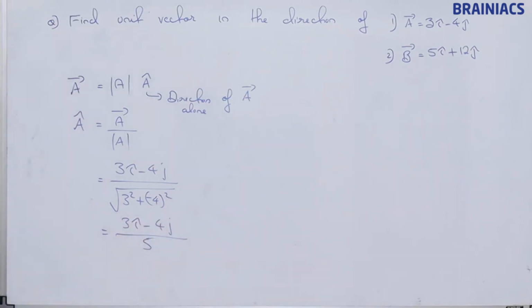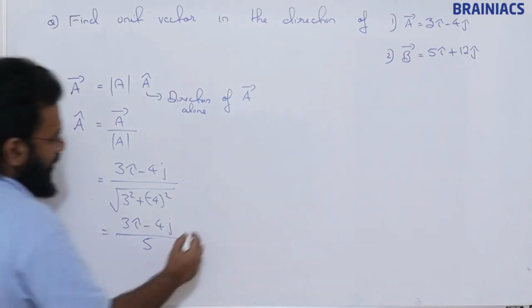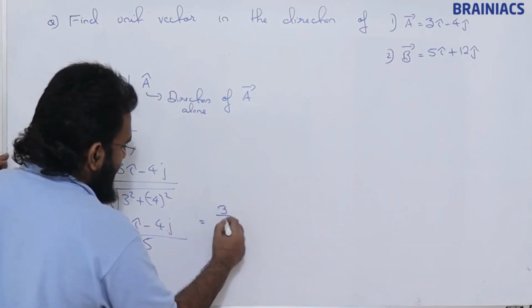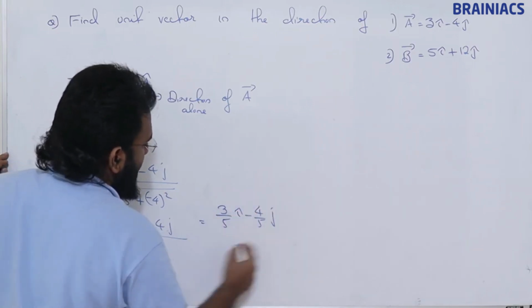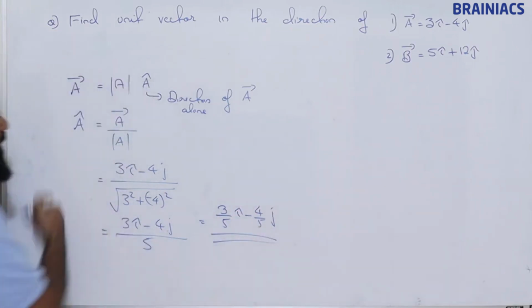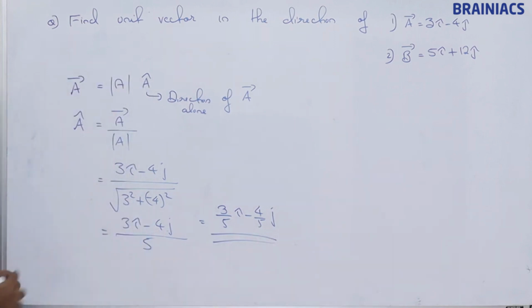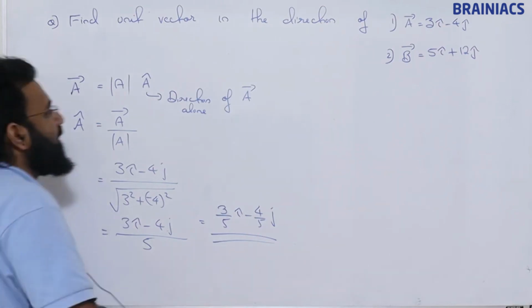So this is the direction of A. If we want, we can write in this form, or otherwise we can write 3 by 5i minus 4 by 5j. So this is the unit vector of vector A, or we can say this is the direction of vector A.